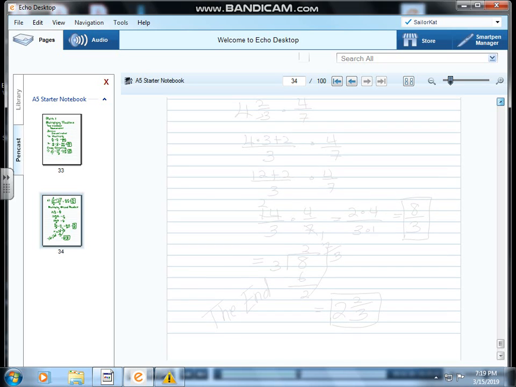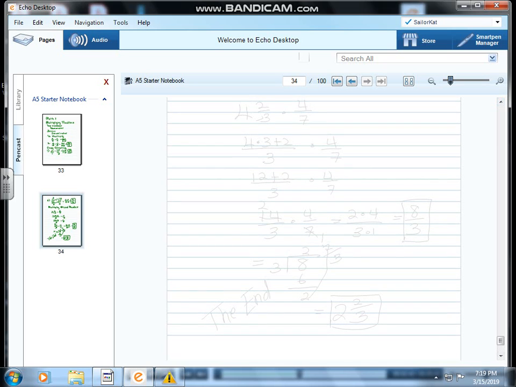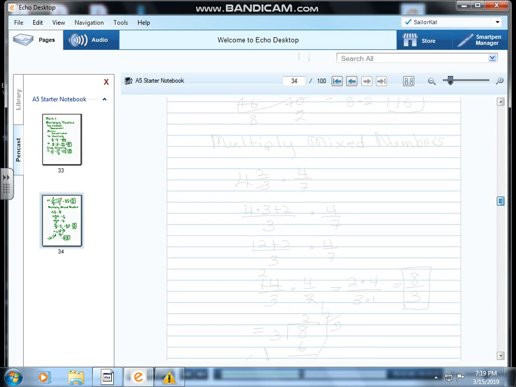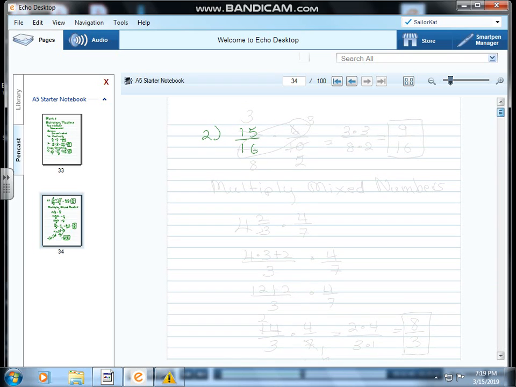Another example that often confuses people is when you have a common factor but it doesn't go into the other number completely. So if you have 15 over 16 times 6 over 10, what you can do is look at the common factor of 10 and 15, which is 5. 5 goes into 10 twice, 15 3 times.